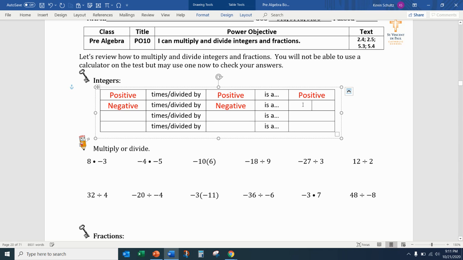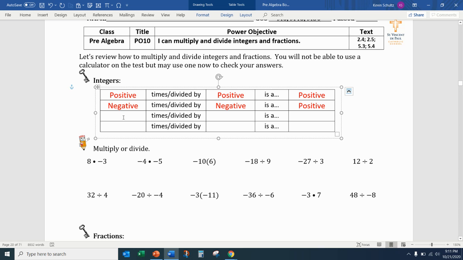That will also result in a positive product or positive quotient. And the reason for that is kind of similar to subtracting a negative actually meaning addition. Those negative signs essentially cancel out, just like a double negative would in a sentence. So positive times or divided by a positive is a positive result. A negative times or divided by a negative is a positive result as well.